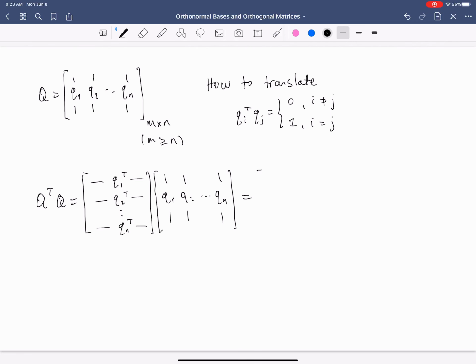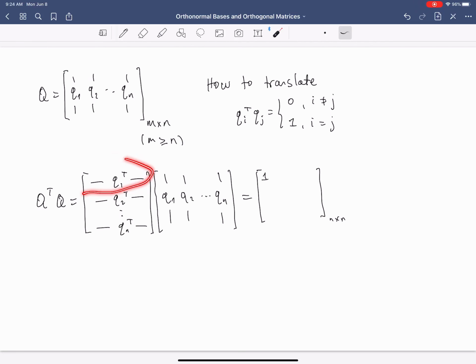And how I get it is I do first row times first column. So let's just do the standard row by column multiplication. Well, Q1 transpose times Q1 ends up in the 1,1 position, and that equals 1 because Q1 transpose times Q1 is 1, because we have an orthonormal basis.